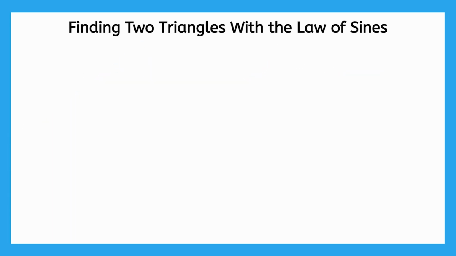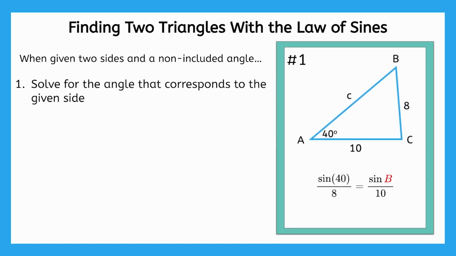Before we do another example, let's summarize the process of finding two triangles with the law of sines. When given two sides of a triangle and a non-included angle, you need to consider all solutions that satisfy the given conditions. First, solve for the angle that corresponds to the given side.